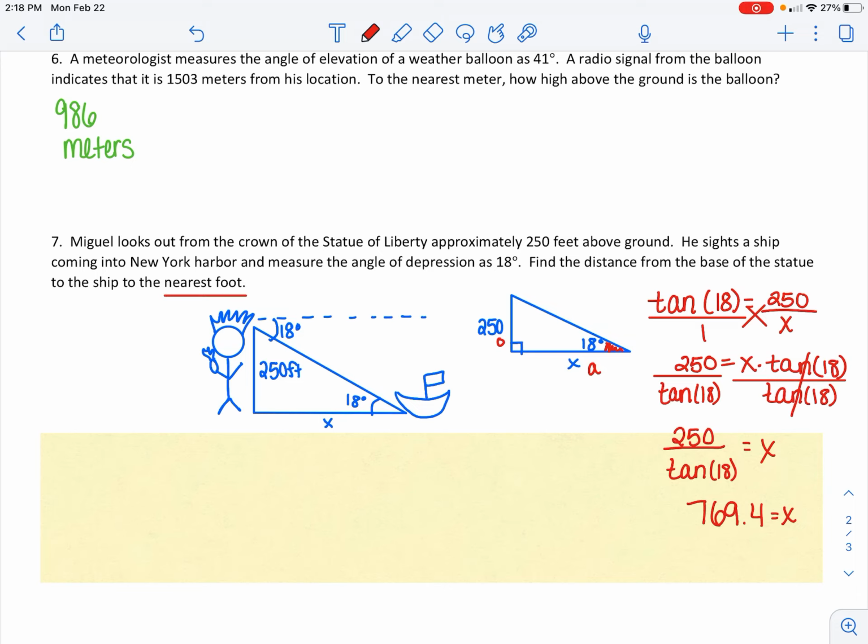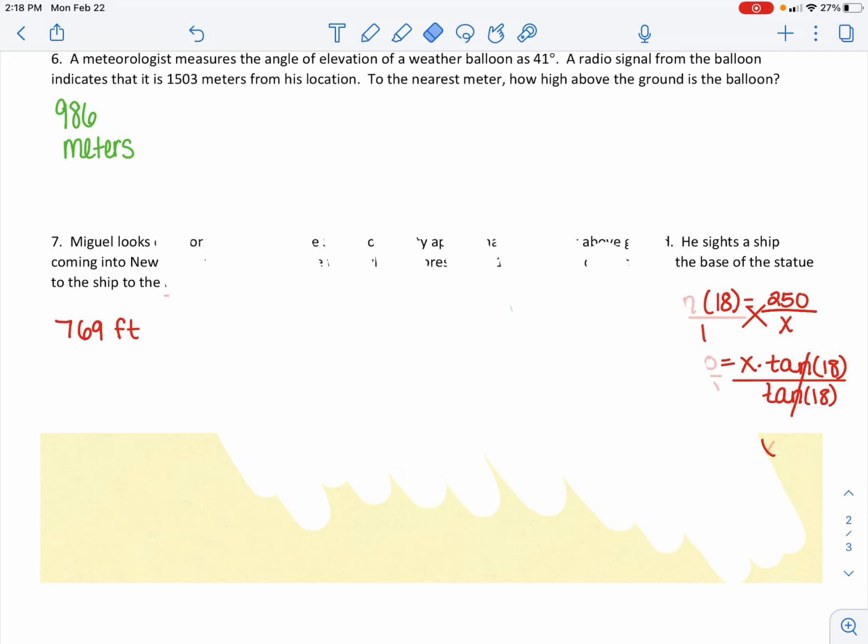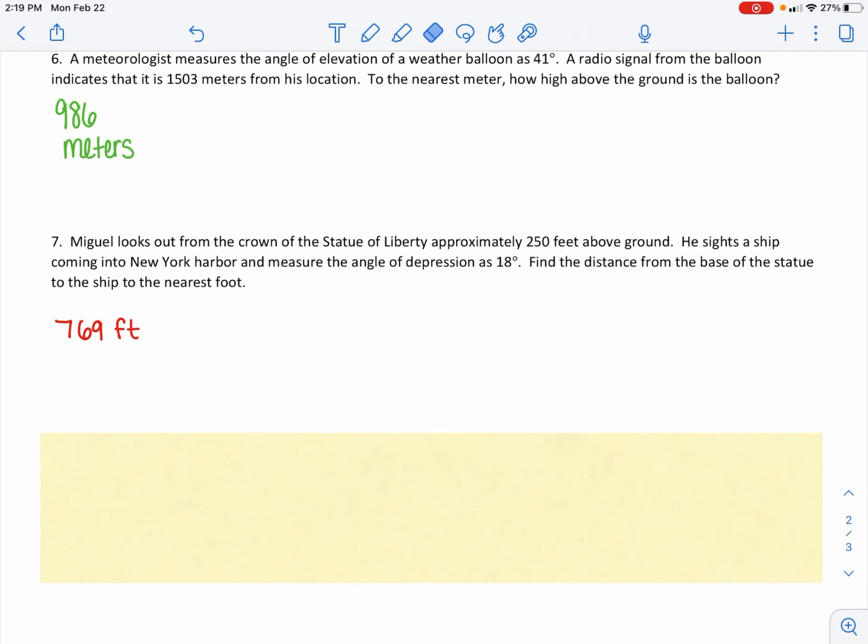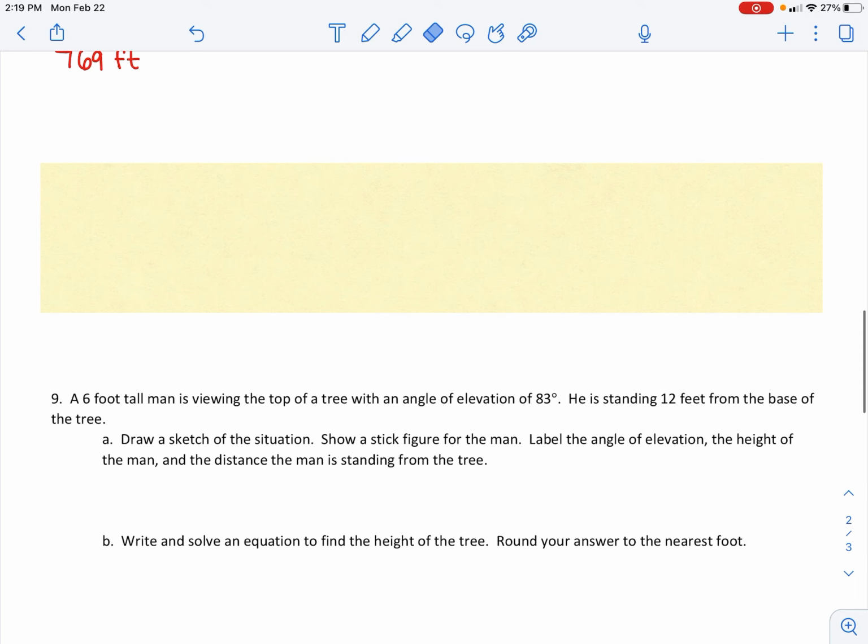So we're going to go ahead and round that to the nearest foot, which is going to give us 769 feet. Okay. All right, let's go ahead and look at number 8.